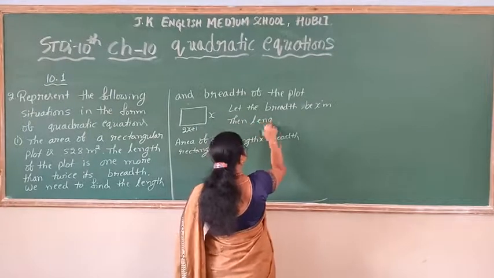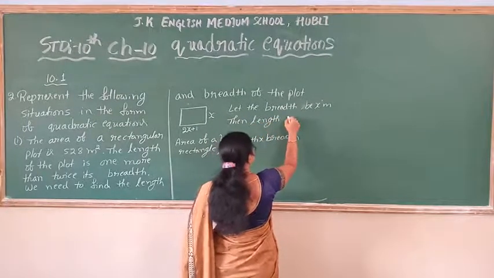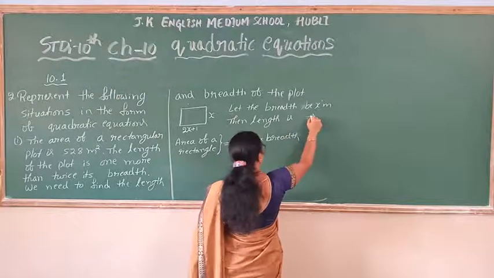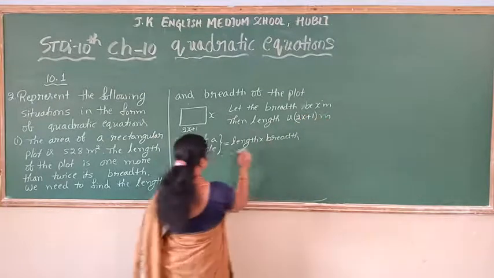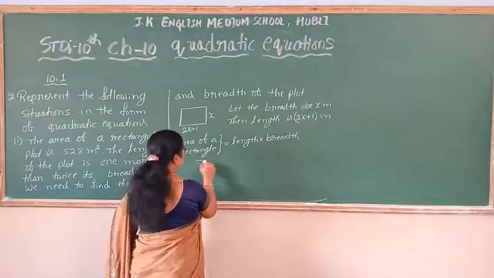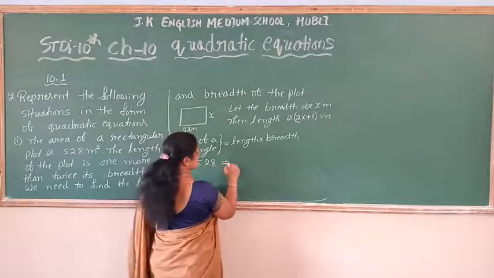Then the length is 1 more than twice its breadth. Now the area they gave is 528 meters square.